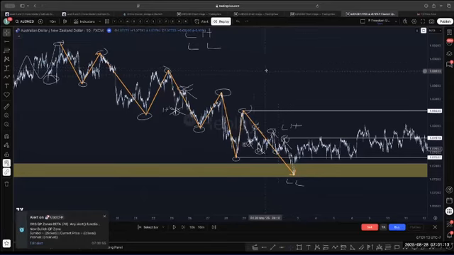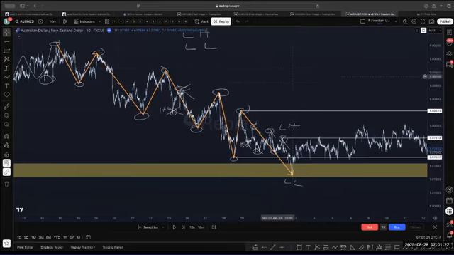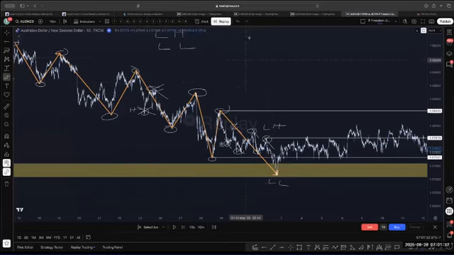All right. Now, we didn't do too many uptrend examples, but it's the same principle. Every high has to have a low. Every low has to have a high. And so in an uptrend, it must have higher lows and higher highs.